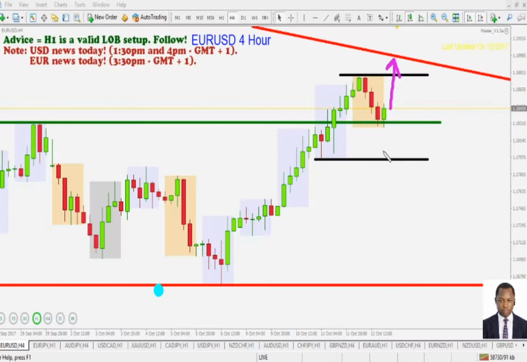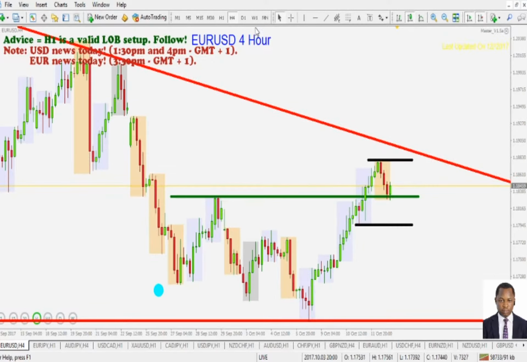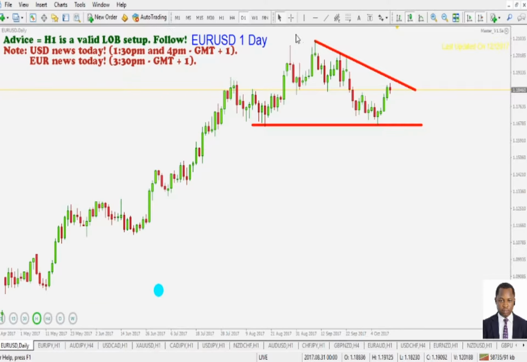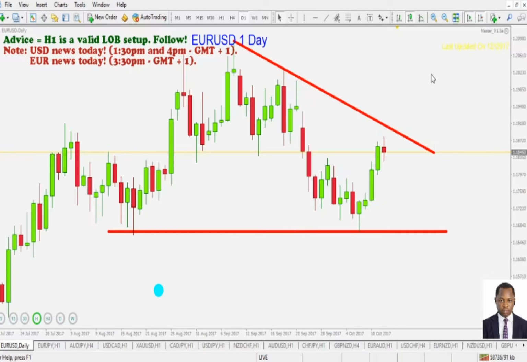Price is likely going to struggle back up. Do not sell the euro against the American dollar. Price is still bullish in this pair. It's just a little hesitation for today. If you mark this level, that's the 4 hours level that we were talking about.